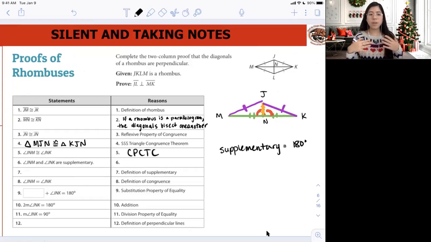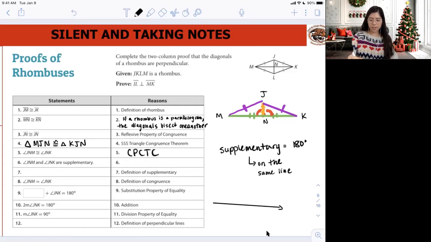So they have to be located on what in order to equal 180? On the same line. Yeah, so on the same line. If you have a straight line, it is 180 degrees.